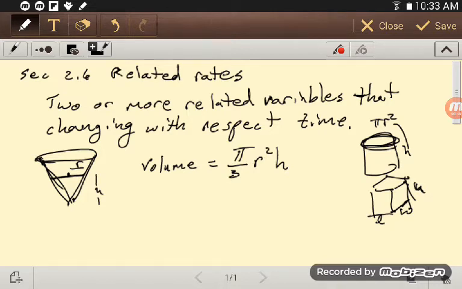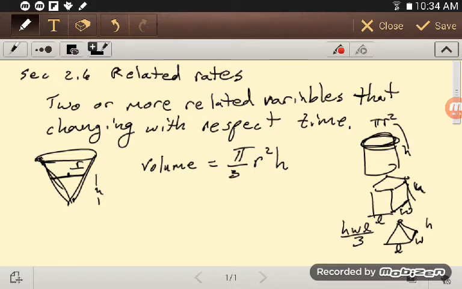But if at that height instead I did something more like a pyramid, then if that's still L and W and we still have the height, the volume would be height times width times length over 3. So it's just an interesting thing that it's always that 1/3, and so 2/3 is missing. But at any rate, so we have volume is pi over 3 r squared h.